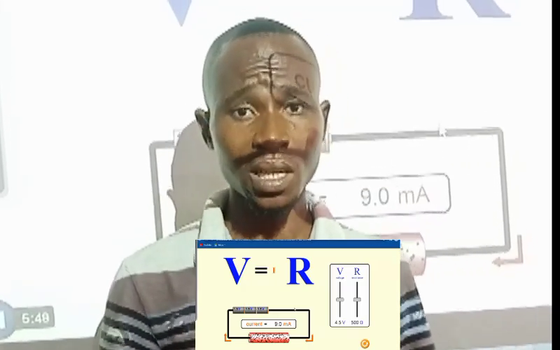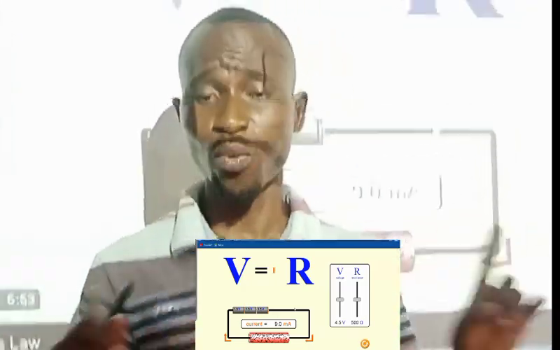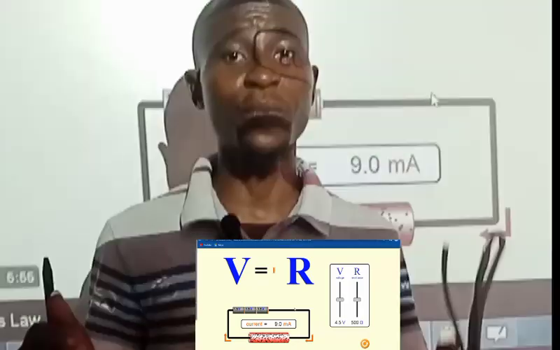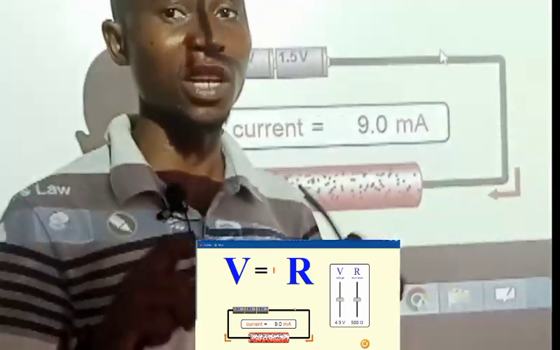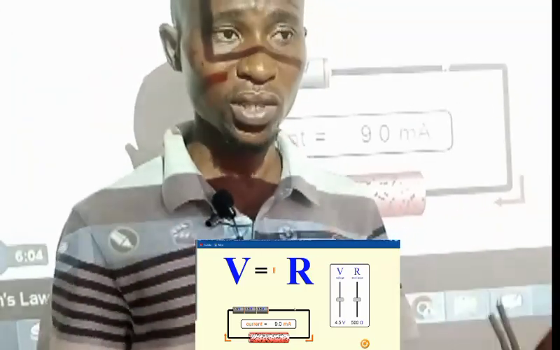As simple as that. That is, the current flowing through a metallic conductor is directly proportional to the potential difference across its two ends, provided what? Temperature and other physical quantities are constant.